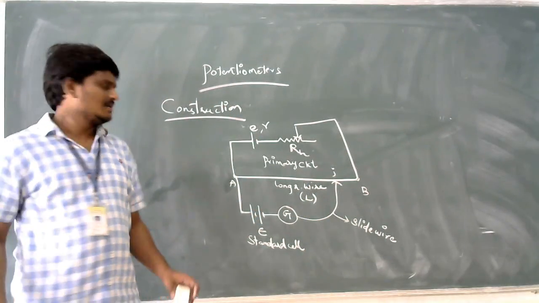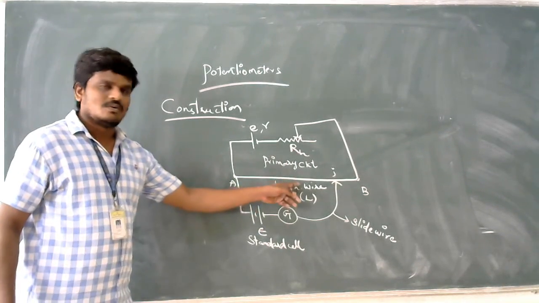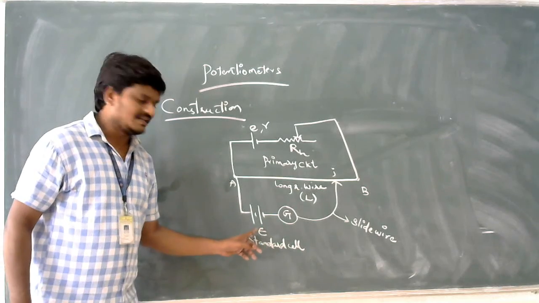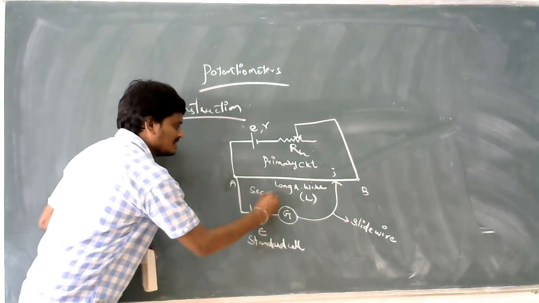The circuit formed between the wire, the standard cell and the galvanometer is considered the secondary circuit.